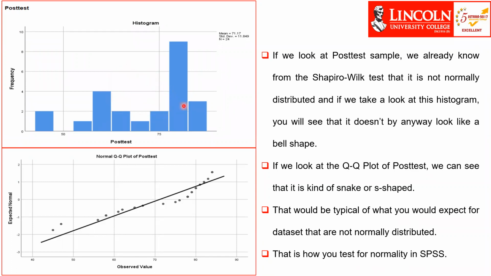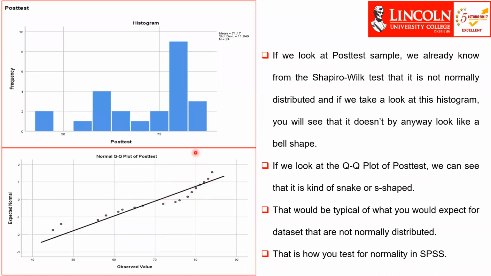If we look at the QQ plot, you can see that it is kind of an S or snake-like shape. That is typical of what you will expect for a data set that is not normally distributed.